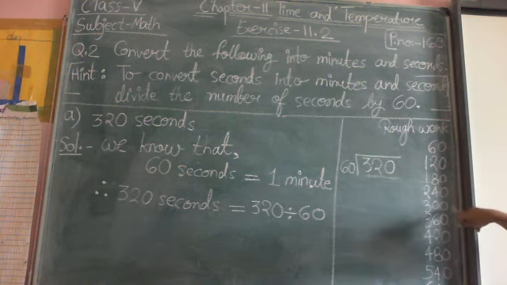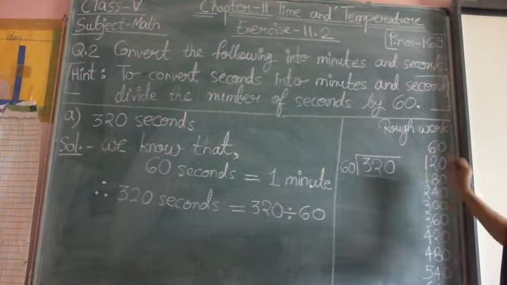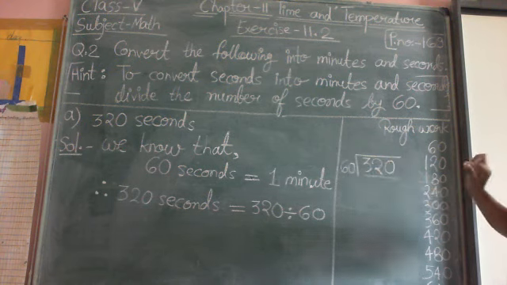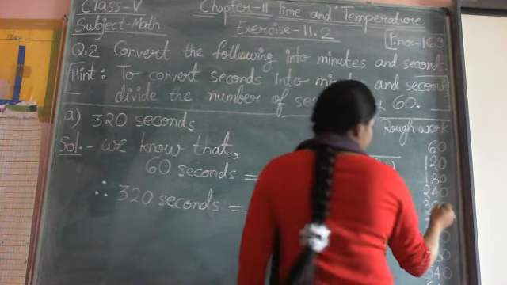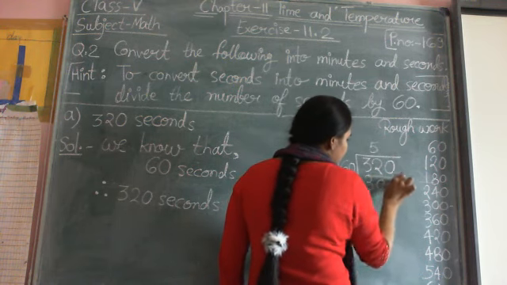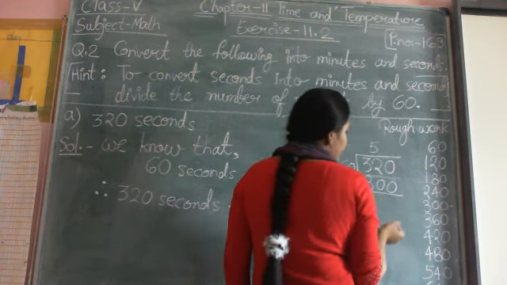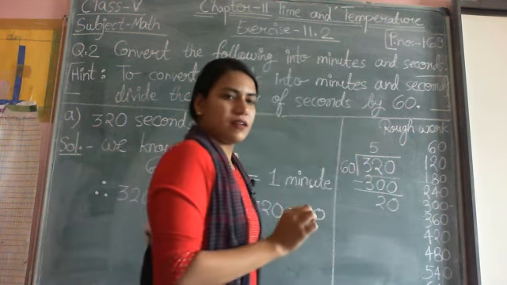Yes, smaller than 320 is 300. In 5 times 60 we get 300, and we get 20 as our remainder.